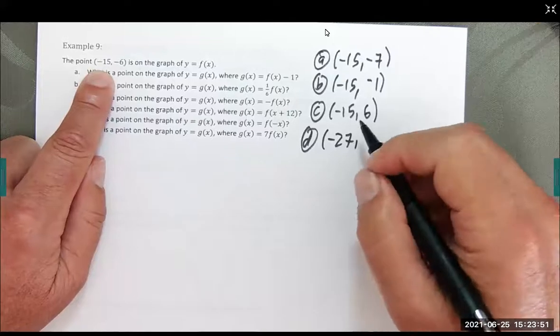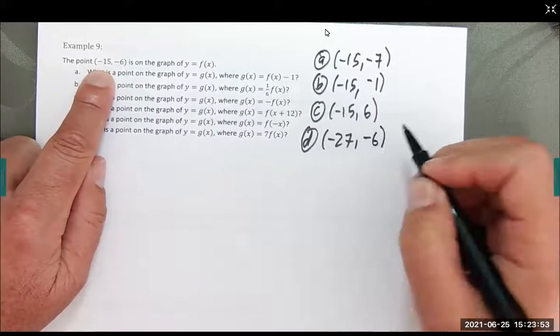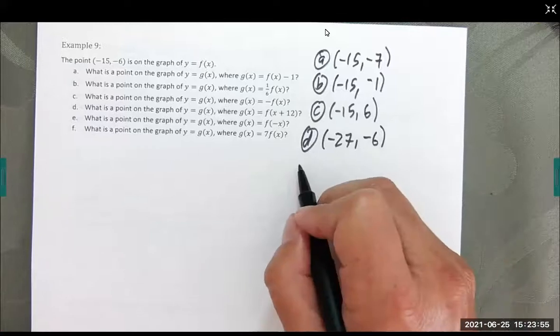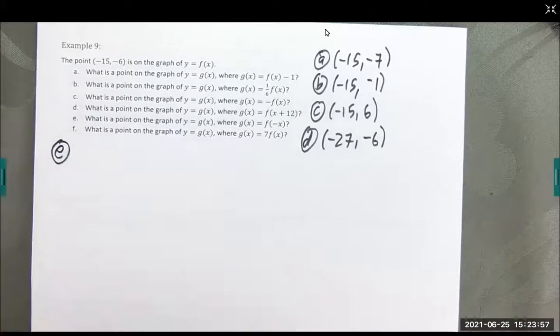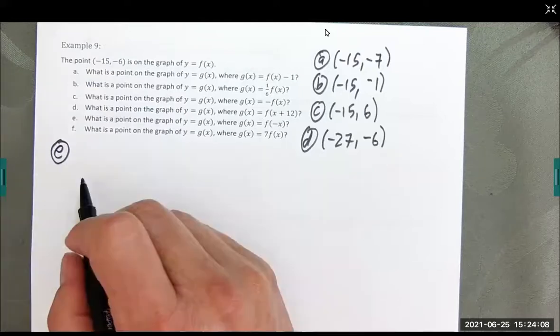And the y coordinate stays the same. Part E, f of negative x. That means the x is now going to change the sign. Negative 15 is now 15, and the y stays negative 6.